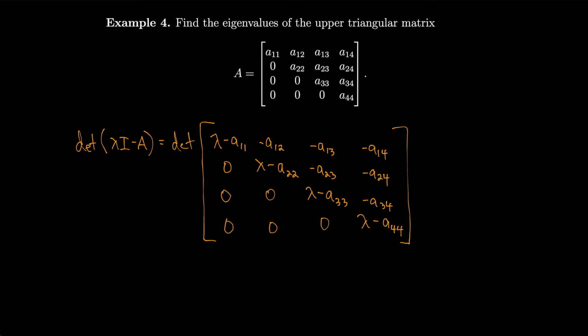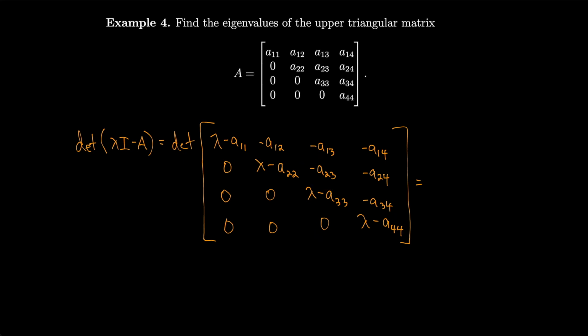Notice, though, that I could just multiply each of the diagonals because it's an upper triangular matrix. We saw that the determinant of these guys is just the product of the diagonal entries. You could also see that by cofactoring, you'll end up with this times this determinant, but then you can cofactor again, take this times this determinant, and then cofactor again, you get this times this determinant.